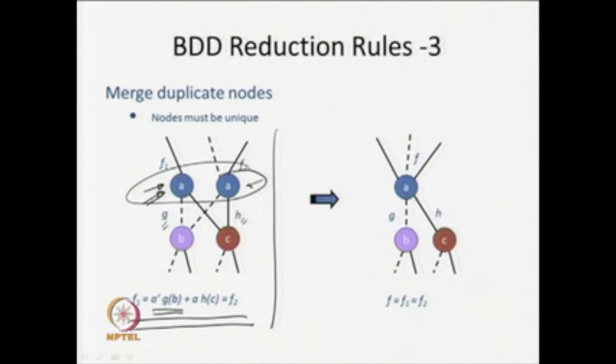When A is equal to 1 we are going to evaluate this sub function H, and when it is equal to 0 then we are going to evaluate this particular sub function G. So, like that we can merge these duplicate nodes and eventually we are going to get some sort of reduced or compact representation of our given Boolean function.